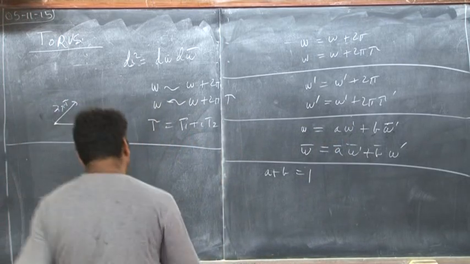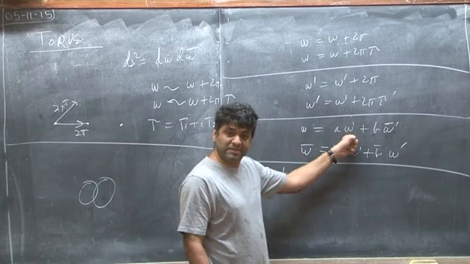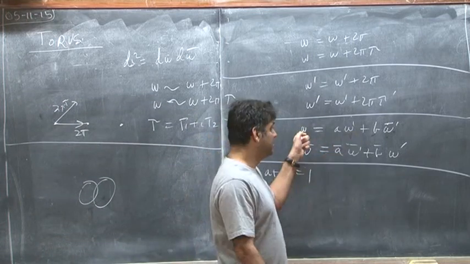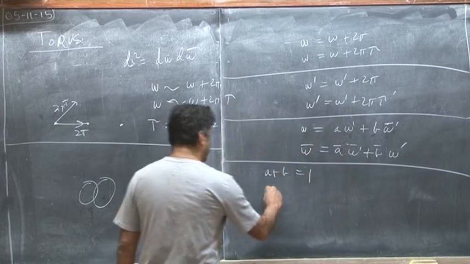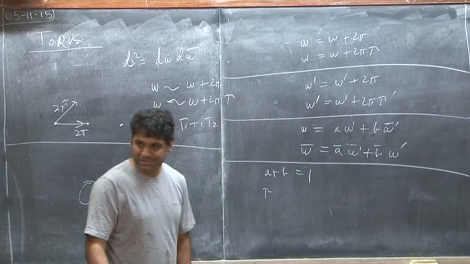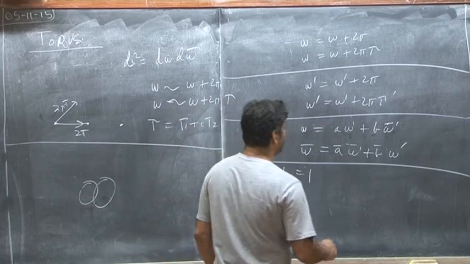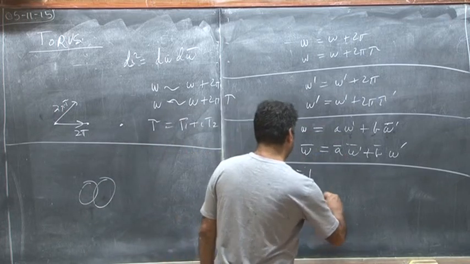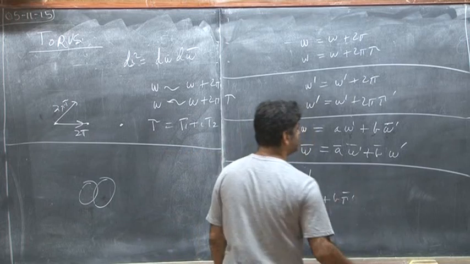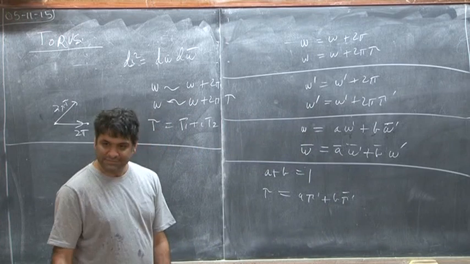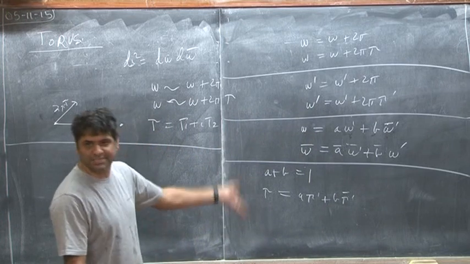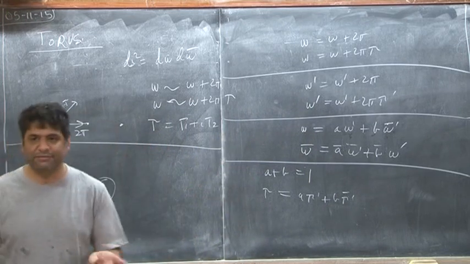Now, we want that when w' changes by tau', thank you, w changes by tau. So we want that tau is equal to a tau' plus b tau' bar. Is this clear? So we have to solve these two equations simultaneously for a and b.